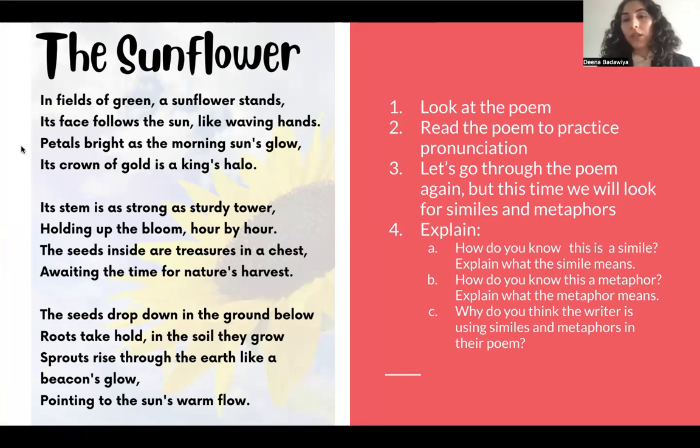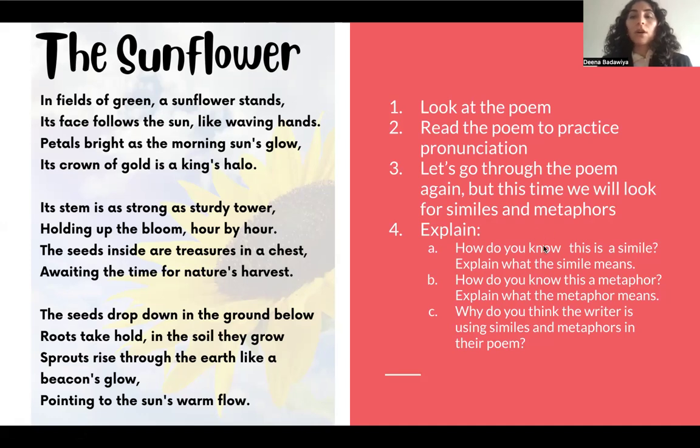And after we finish reading, I'm going to have you work for just a couple of minutes and I want you to say, how do you know the example that you found is a simile and what do you think it means? How do you know one of the examples that you found is a metaphor and what do you think it means? And why do you think writers use similes and metaphors in their poem?